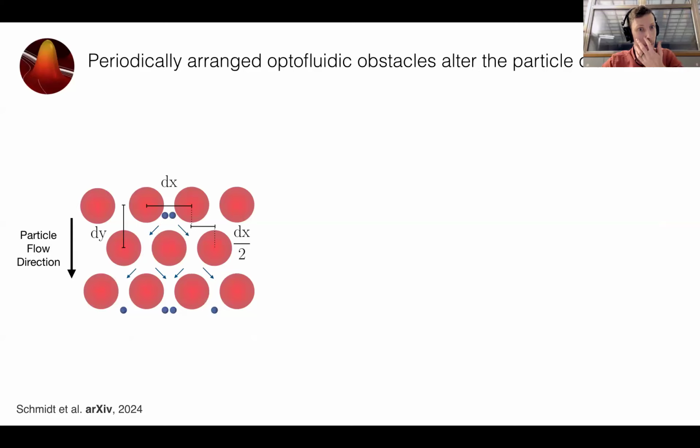All right. We thought we were going to take this a step further, and we thought, okay, what more can we do? We thought of these periodic arrangements of optofluidic barriers, which become like the pillar arrangements that I talked about at the very beginning. If particles only come in between the two center ones, and you have equal spacing, so half of the distance of the next row to the other, what you get out of it is an experiment you have probably seen in high school or undergrad already.